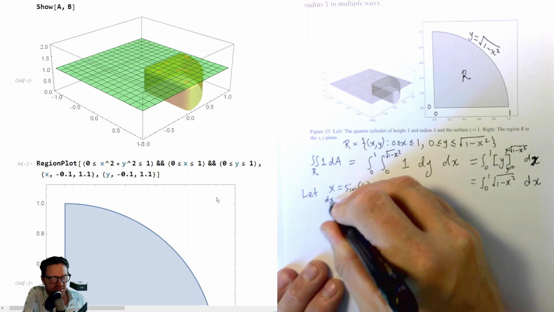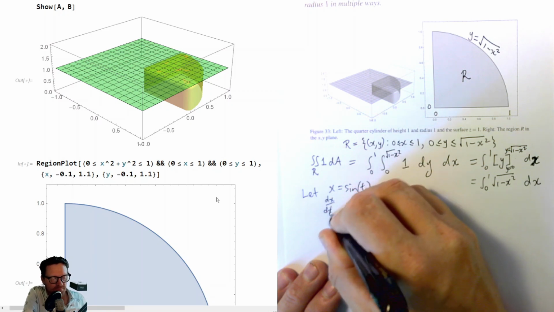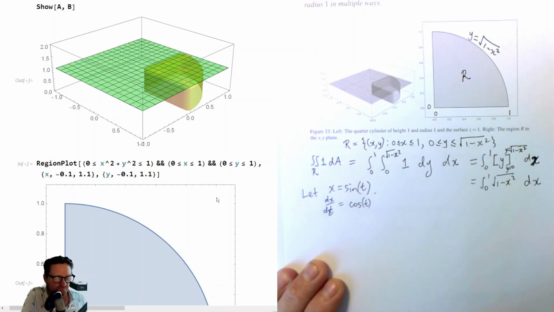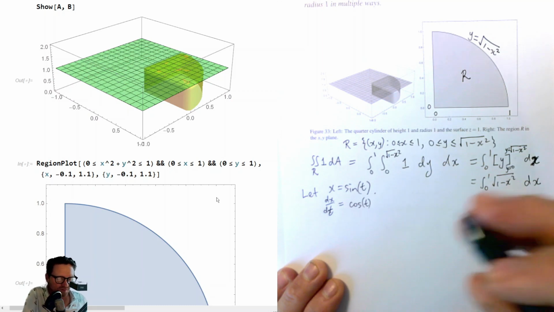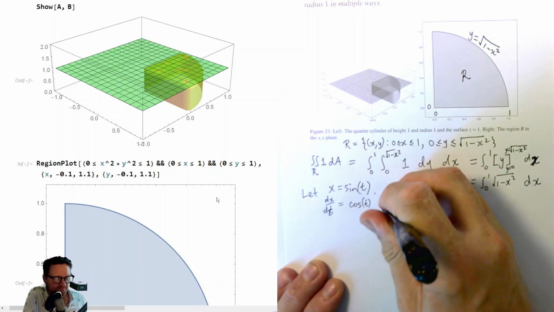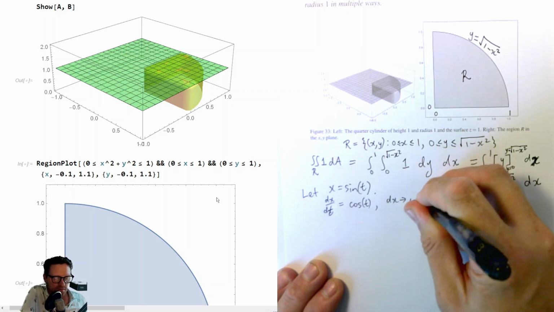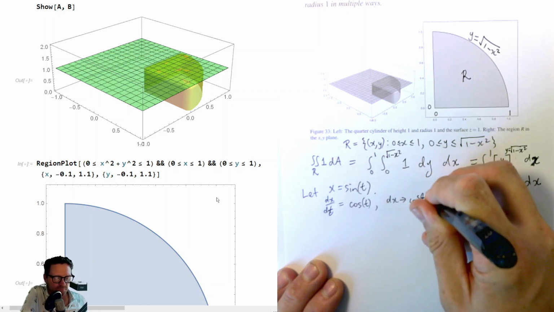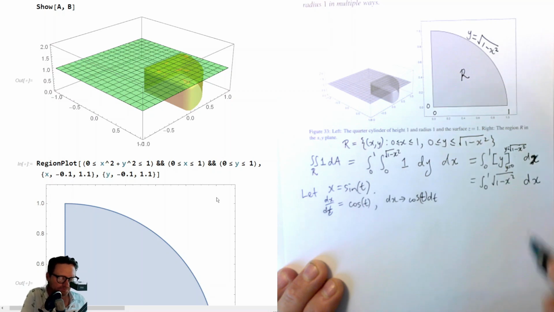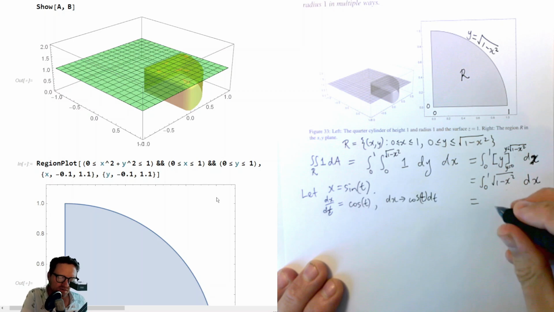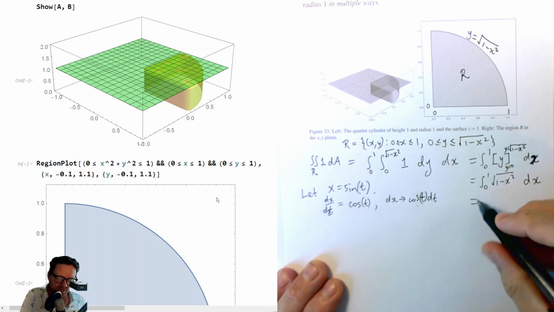So dx on dt is cos of t, and so then we're going to replace dx with cos t dt in here. Now also 1 minus sine squared is cos squared, so taking the square root gives us just cos. So we've got a cos times another cos.